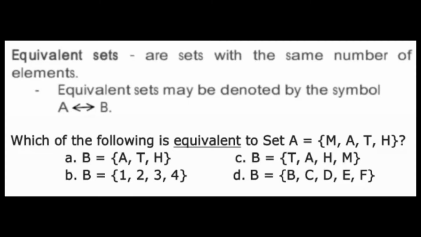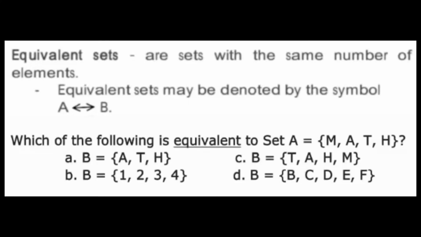So, again, sa equivalent sets, ang dalawang sets kapag magkapareho ang bilang ng elements nila. So, kung apat ang bilang ng elements ng nasa given, dapat apat din yung bilang ng elements ng ka-equivalent niya. Okay. So, alin kaya sa mga choices natin ang ka-equivalent ni set A?